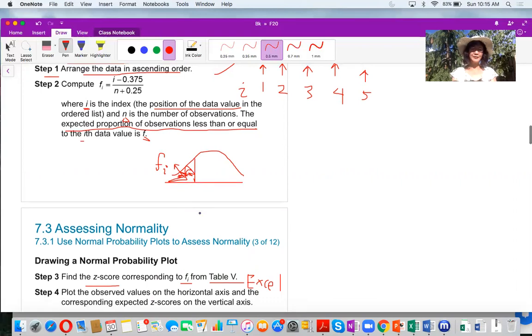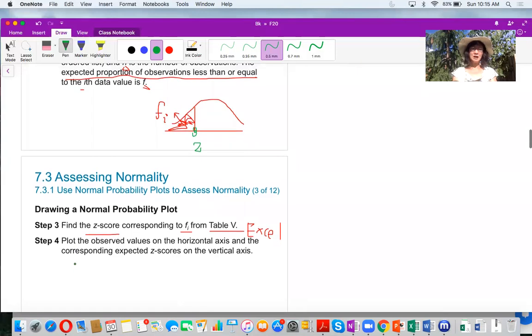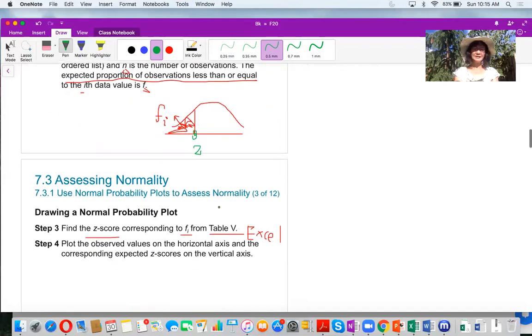Once you have this Fi, in step 3, you need to find out what this z value is. We did this in the last lecture. And then step 4, plot the observed value, for example this value x, on the horizontal axis, and the corresponding expected z value on the vertical axis.